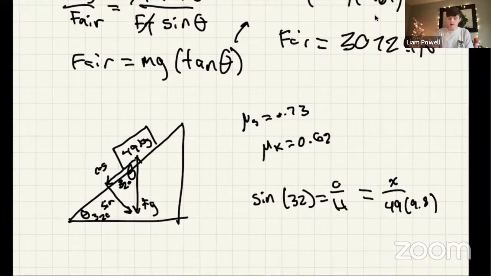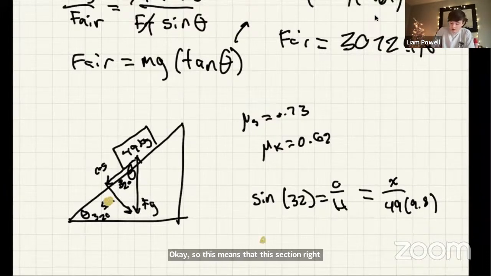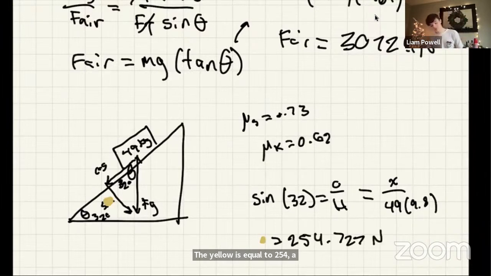Okay, so this means that this section right here, let me just have this yellow, the yellow is equal to 254.727 newtons. So that is the normal force.